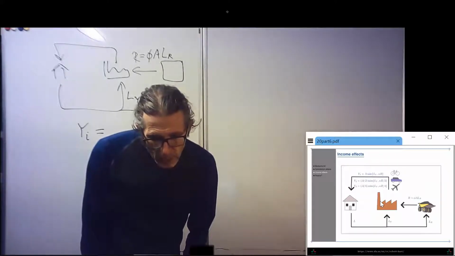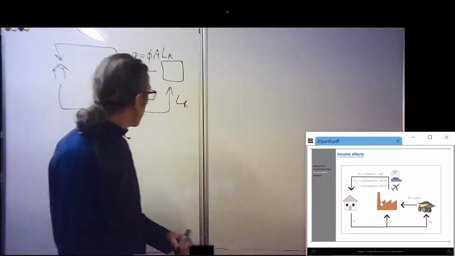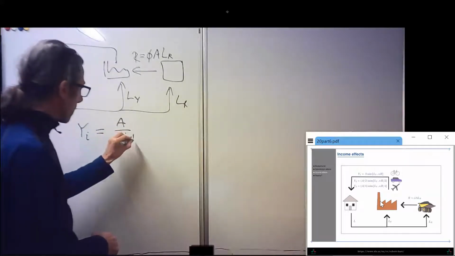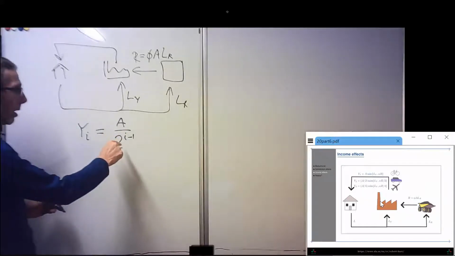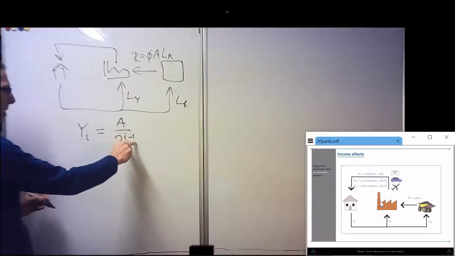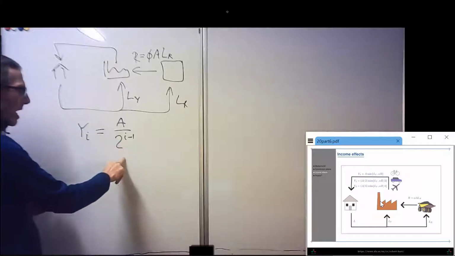So it's A over 2 to the I minus 1, isn't it? Yep. When I is 1, it's 2 to the naught. That's just 1. When I is 2, it's 2 to the power of 1, 2. When I is 3, it's 2 squared, 4. When I is 4, it's going to be 8, and so on.